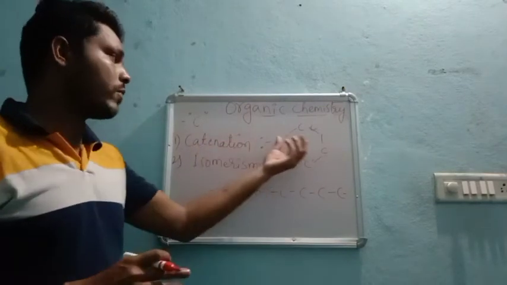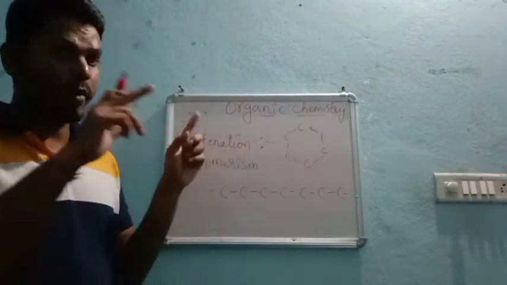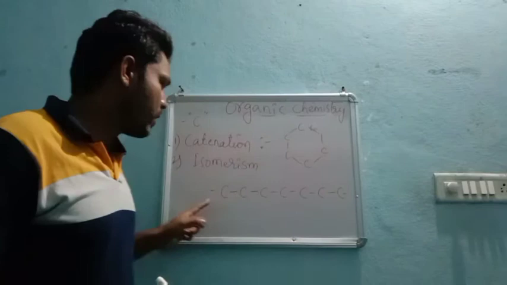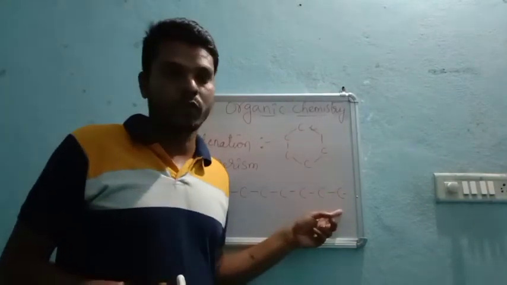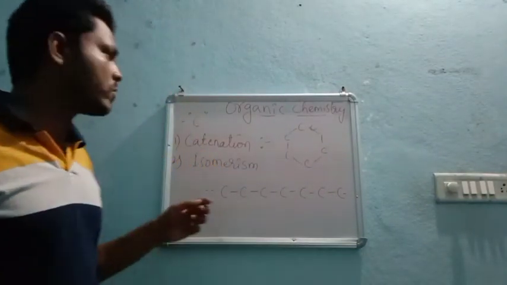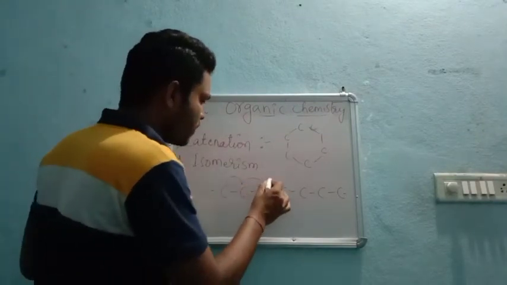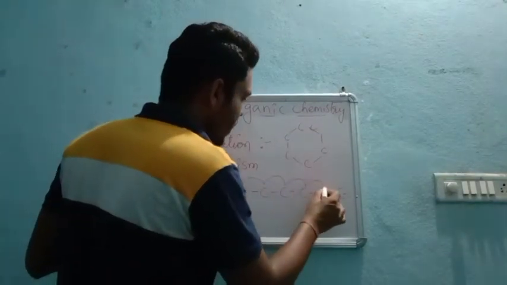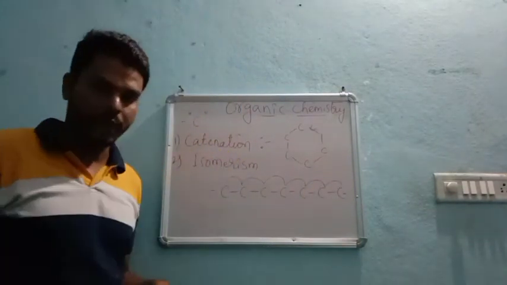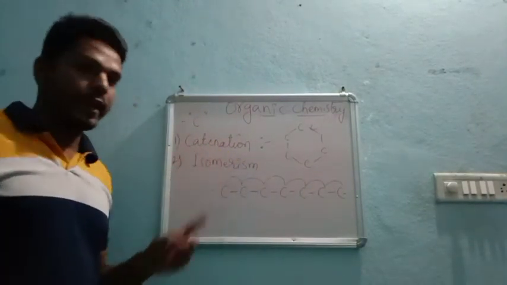Carbon can form a ring like this, or it can form a straight chain also. Right? Catenation means one carbon can join with n number of carbons. So this is catenation.